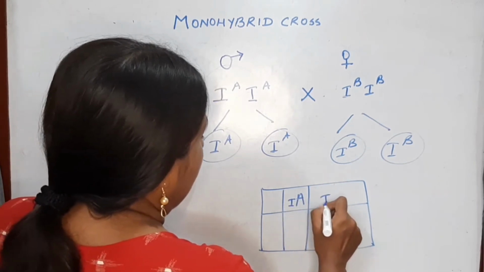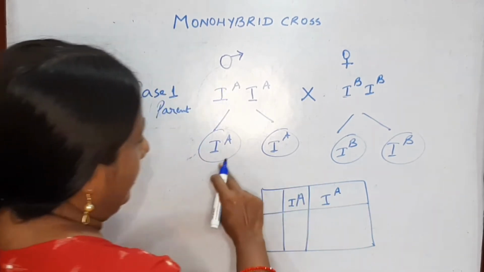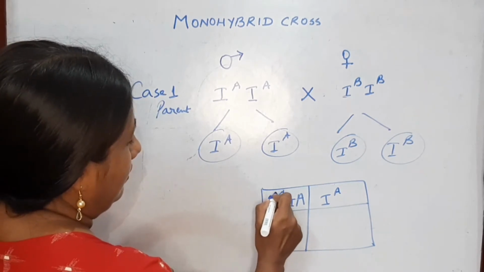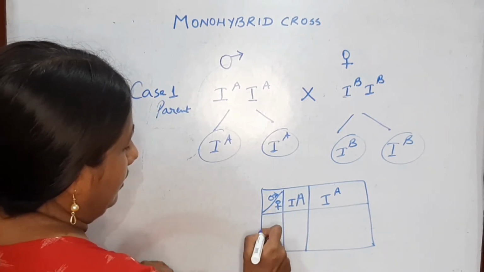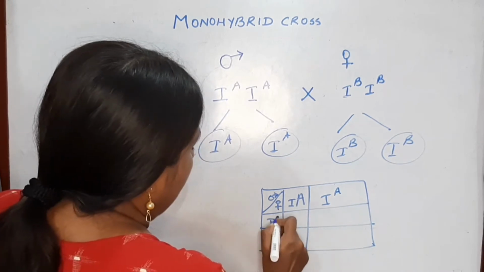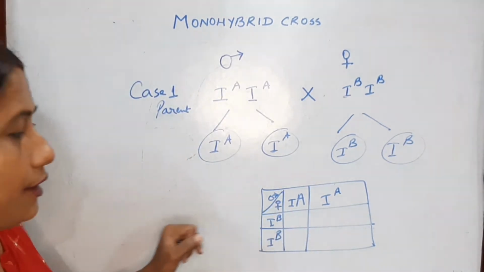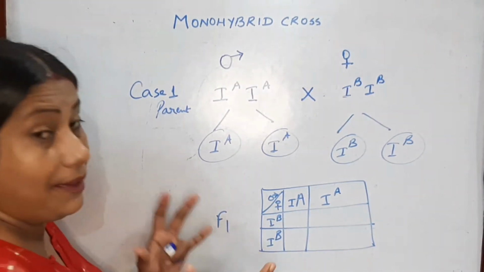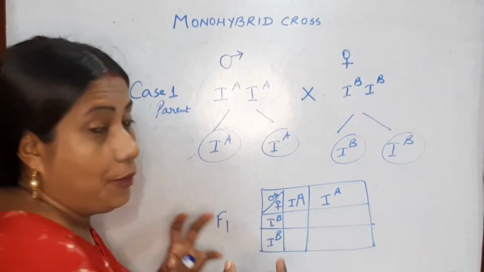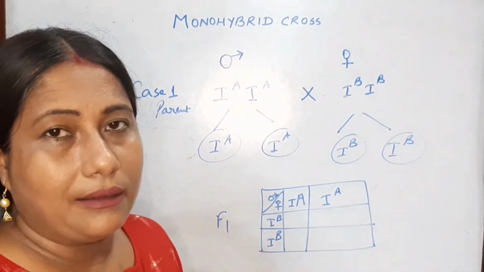IA. I am writing for the man here. Here, the woman, IB. So what will be the probability of the offspring of the F1? F1 means the offspring, because in human beings we cannot cross like plants or other animals.